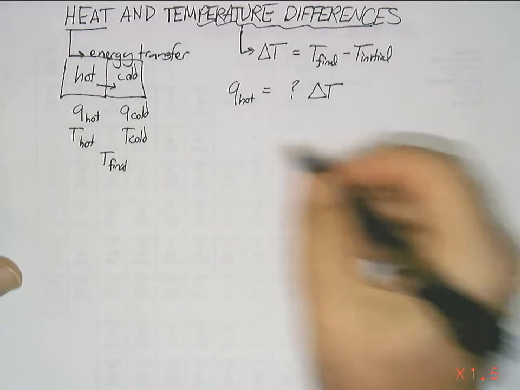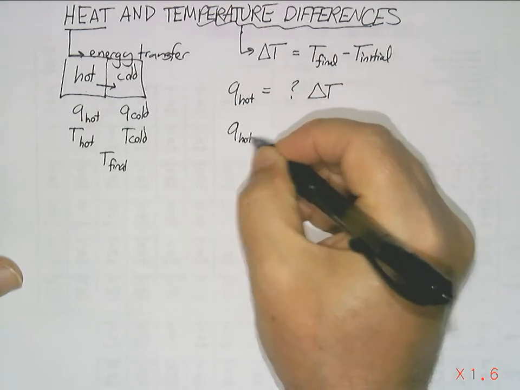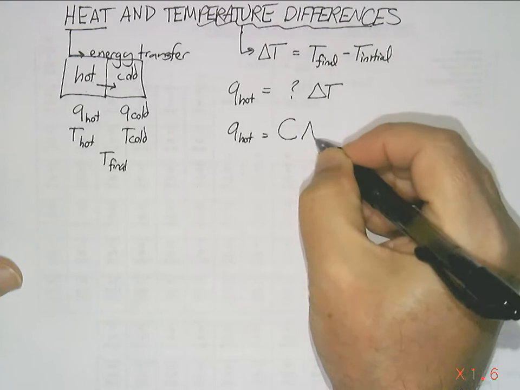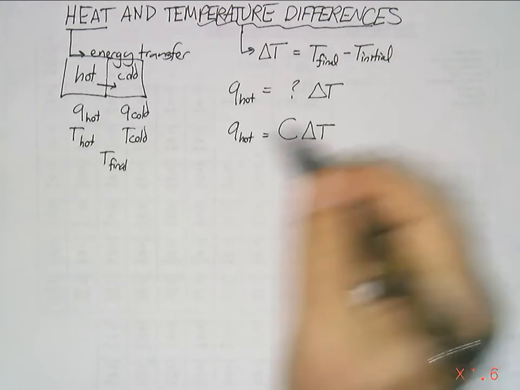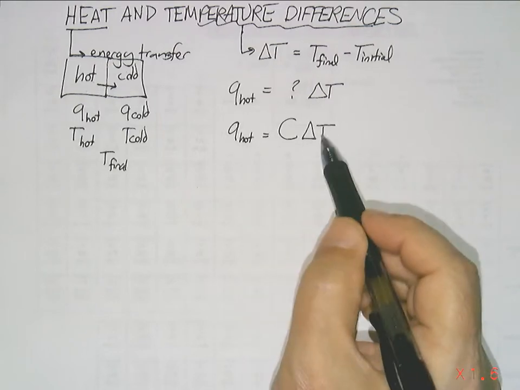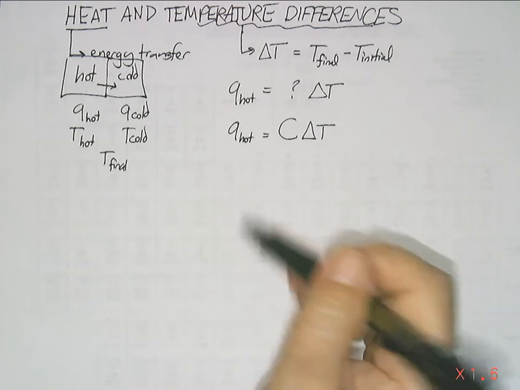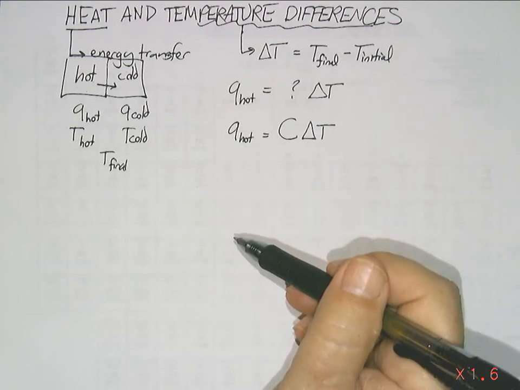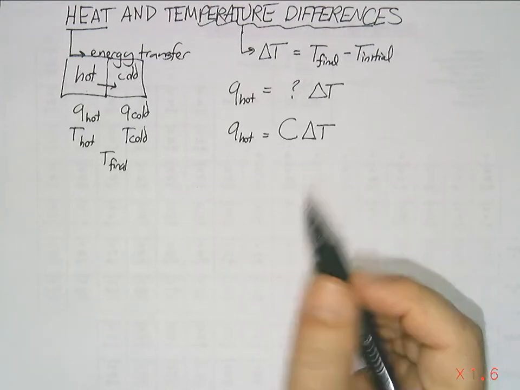It turns out to be as simple as possible. You just put a constant there and it works. This is called a direct proportionality, in that if you double the temperature difference, you're going to double the amount of heat that flows out of the hot object. And this constant is a constant of proportionality.